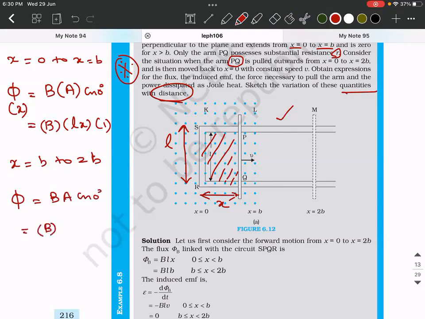Magnetic field is B. Then what about the area? Area is L into b. L into b, I didn't write it as L into 2b, because b is the region across which the magnetic field is existing. I cannot take the bigger area into consideration. So B into L into b into cos 0 is obviously going to be 1.